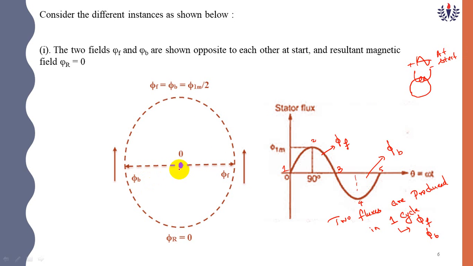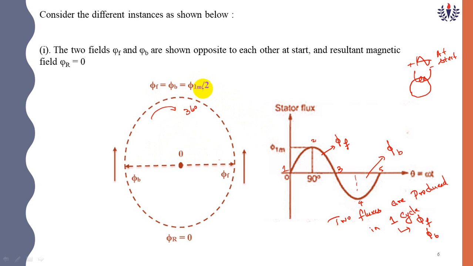These 2 fluxes are opposite to each other. Overall it is 360 degrees. One flux covers half of the portion, another flux covers the other half. Therefore phi f is equal to phi b, which is equal to phi 1m by 2.